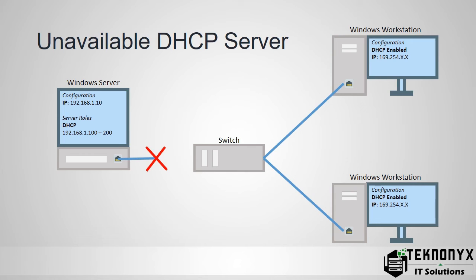If the DHCP server goes offline for any reason, whether it's a crash, a network connectivity issue, maybe a switch goes down or a cable gets cut, then that computer will lose its DHCP configured IP address as soon as its lease expires. So basically the computer is only up for as long as the DHCP server is up. Obviously, the point of DHCP is to make life easier when connecting new devices to a network and getting them online quickly.